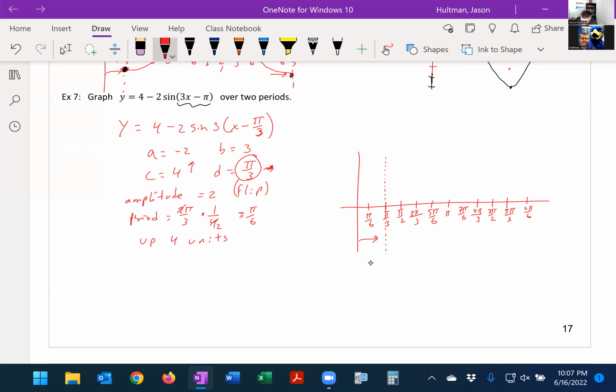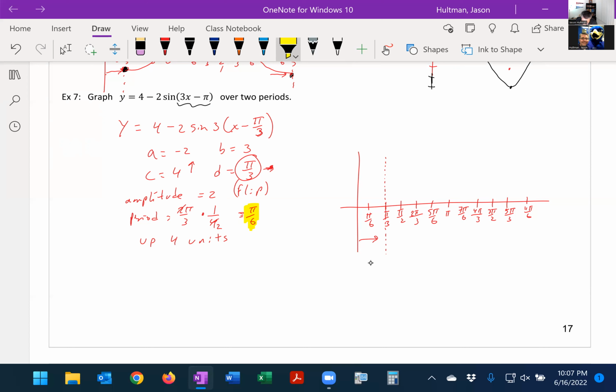Each pi over 6 is going to be a reference point. So that's cool that every division here is going to be a reference point. Each move to the next value is going to be a reference point. Cool, that helps a lot.